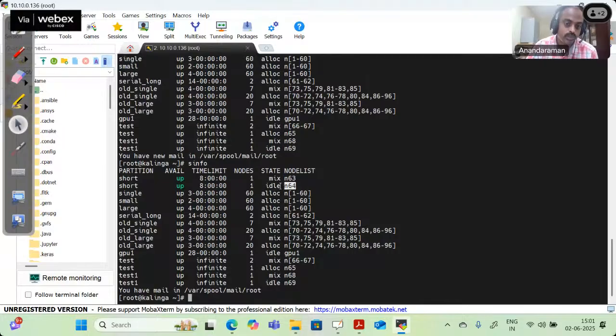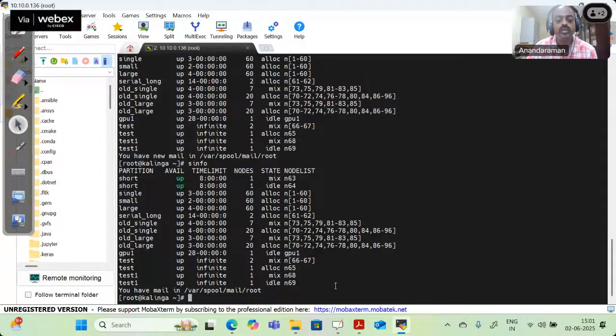Idle means the node is idle now. Mixed means, for example, if a node has 40 cores, not all 40 are used; some 30 are used and 10 remain. So it is called the mixed state. These are multiple queues, and multiple nodes are available.